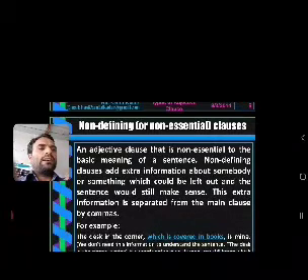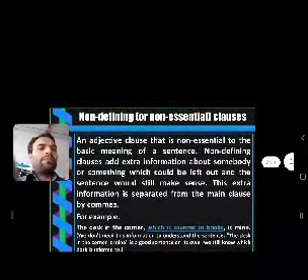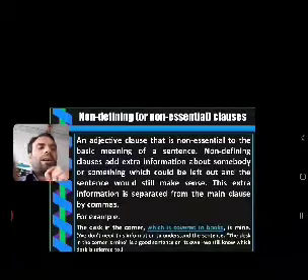Non-defining clauses add extra information about somebody or something which could be left out, and the sentence would still make sense. This extra information is separated from the main clause by commas.